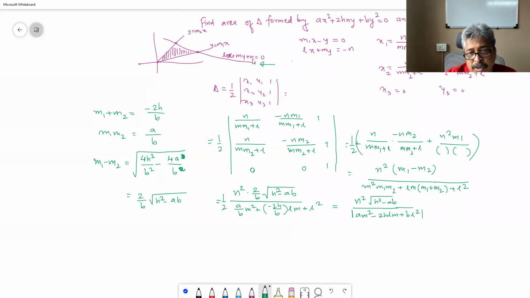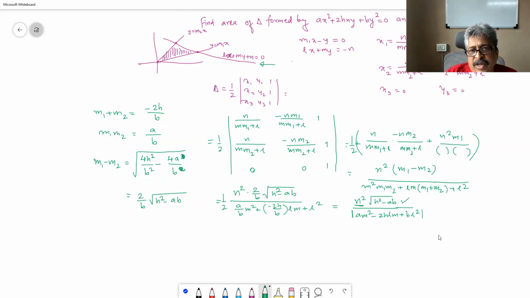Therefore n must be present in the numerator, which is available. If both the given lines are coincident, m1 is equal to m2, then the area should be 0. Therefore radical h square minus ab should be there in the numerator. Correct.